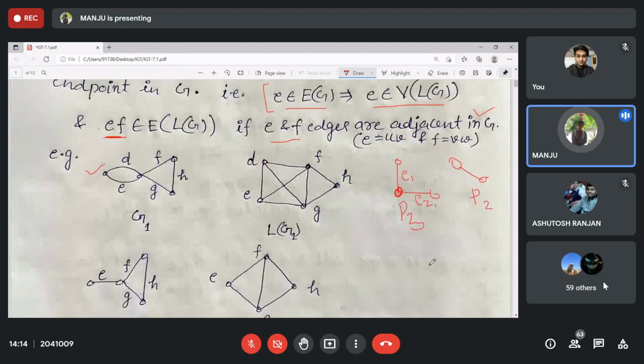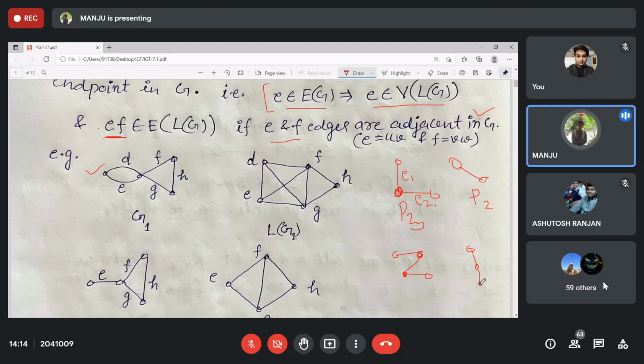What about P4? You have one vertex corresponding to each of the three edges. Now these two edges are adjacent because they have a common point, so the corresponding vertices are adjacent. These two edges are adjacent over here as well, having a common vertex.